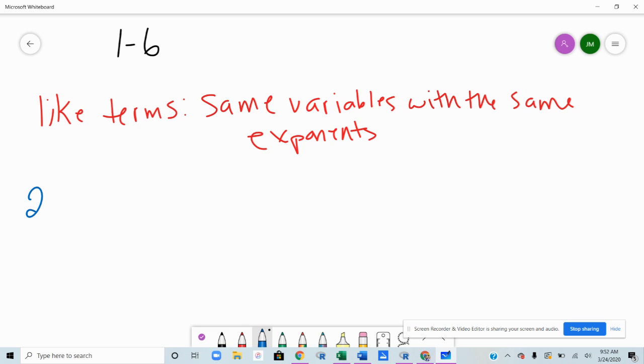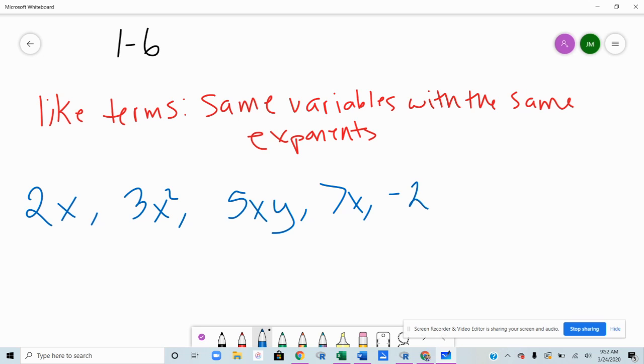So when I list out 2x, 3x squared, 5xy, 7x, negative 2x squared, 5y, negative x squared, we look at those as a bunch of different terms.